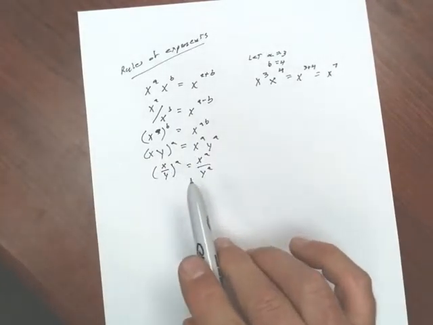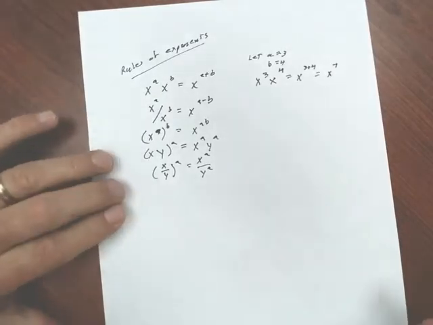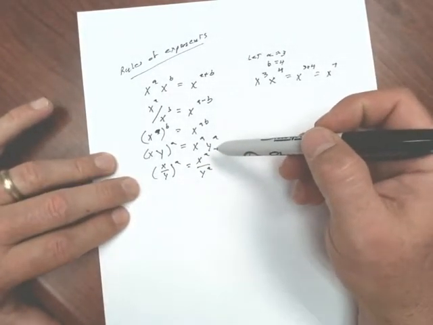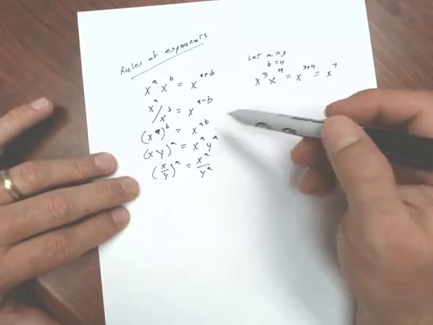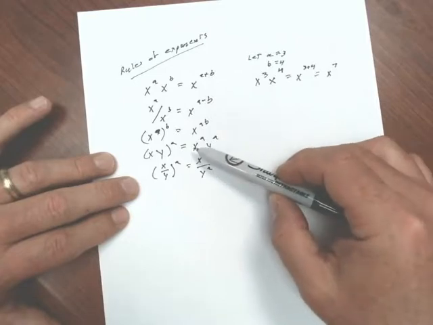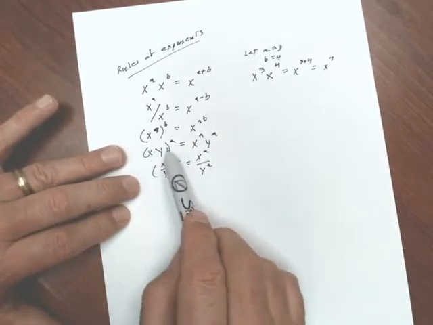In other words, a can just be distributed in multiplication and division. But if x and y are two different variables, then you cannot combine them.